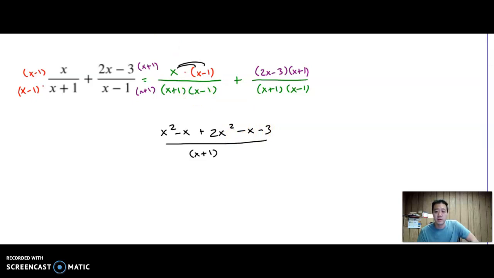And that's a plus sign. I put it all over the same denominator. Okay, and then in the numerator, I'm going to combine like terms to get 3x squared minus 2x minus 3 over our denominator here. And I don't think there's anything more you can do with that.